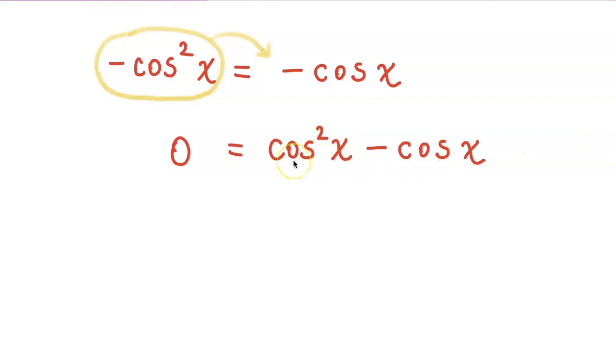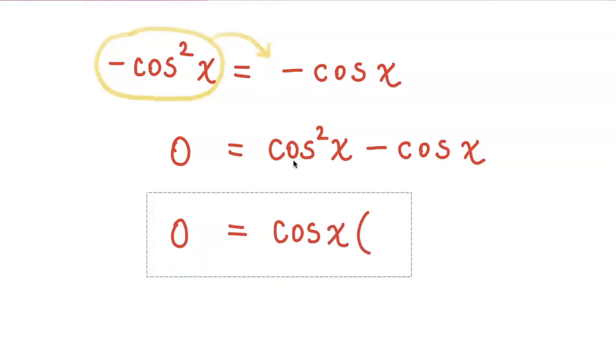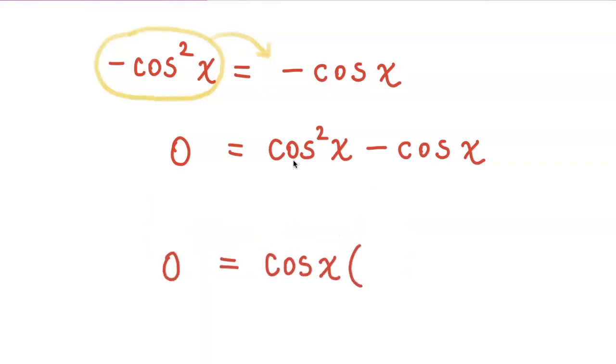So what we're going to do now is factor out cosine x. So if you factor out cosine x from that binomial, the first term, look, if you divide cosine squared x by cosine x, notice that square will cancel out, right? So we're just going to have our regular cosine x.